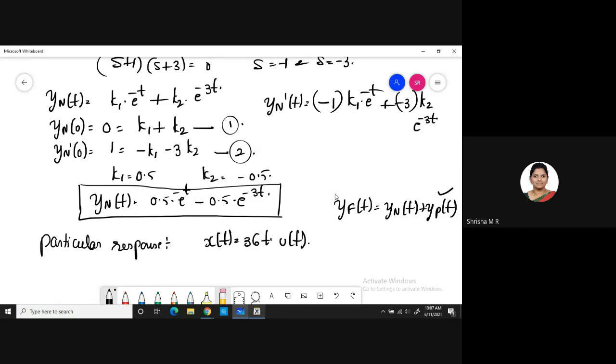So what is the structure of particular response? You have t here in the input. So if you have t, what is the structure of particular response? Just check the table and tell me what you will get.